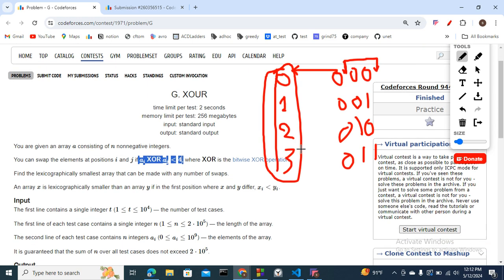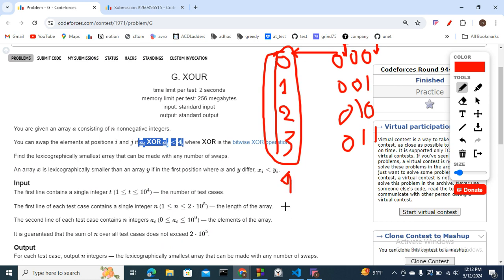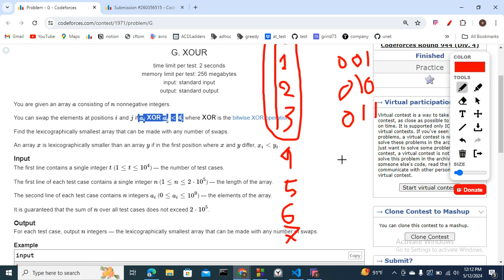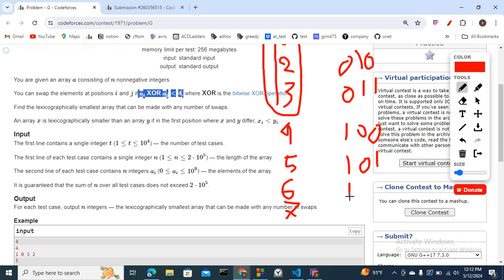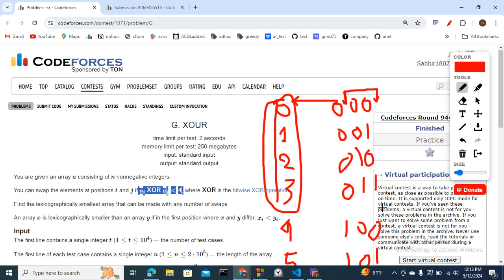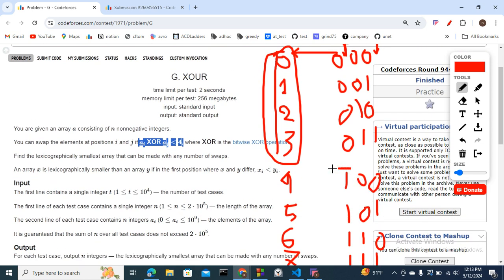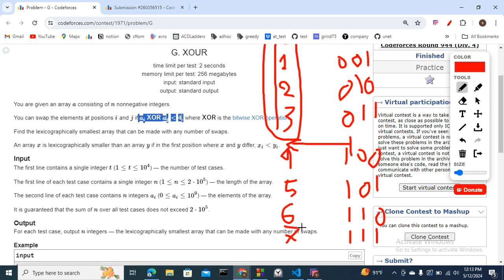Now 4, 5, 6, 7. 4 is 100, 5 is 101, 6 is 110, 7 is 111. From the third bit onward, all the bits are the same for 4, 5, 6, and 7.